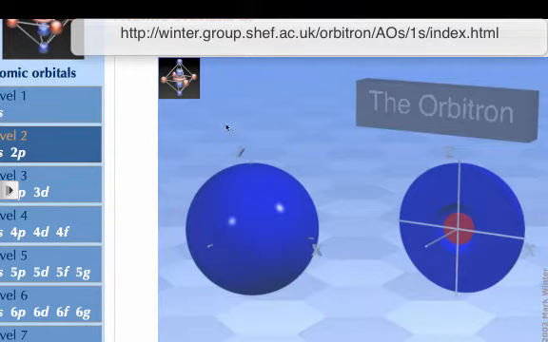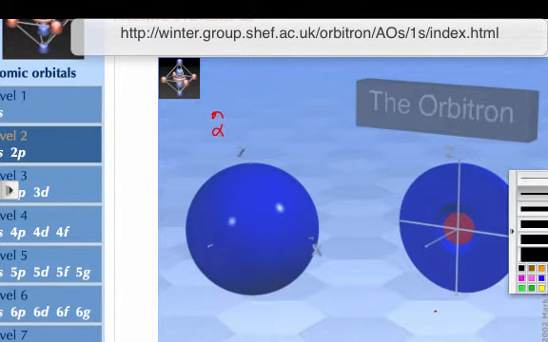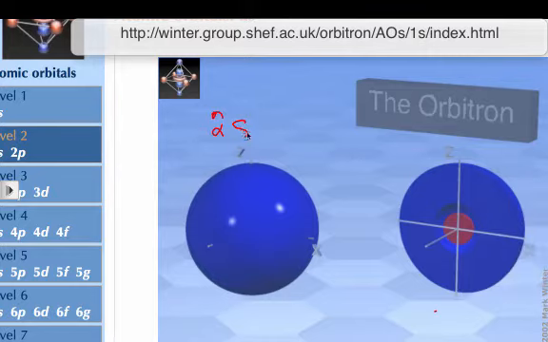Now, we still have S, so this is 2s. So N is equal to 2, and L is equal to S. And we would use a single line because there's only one way to orient the sphere, and we're going to find that 2 electrons go in there.